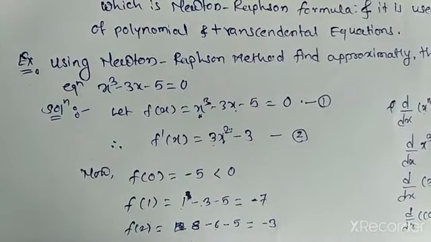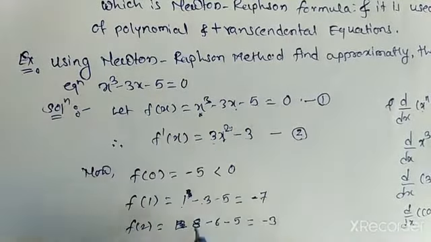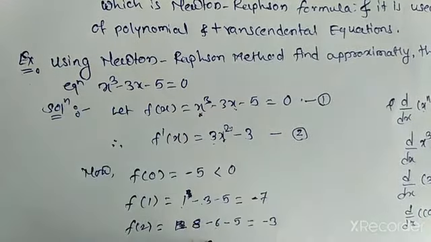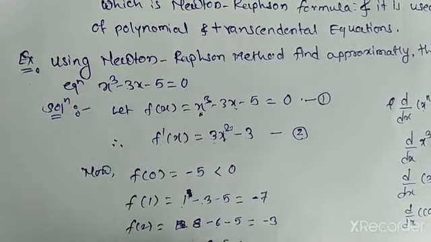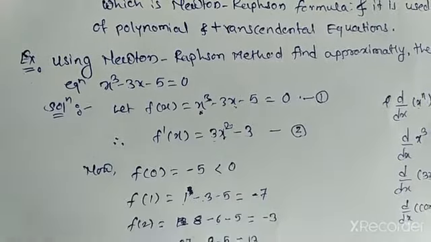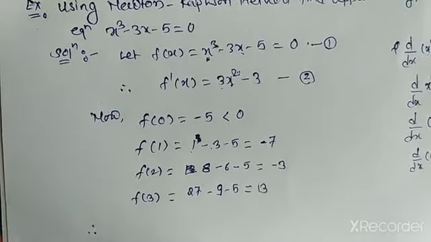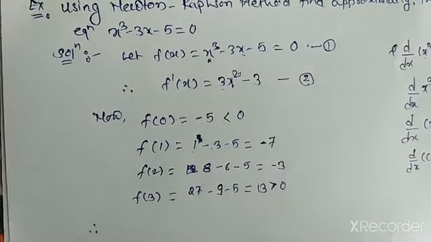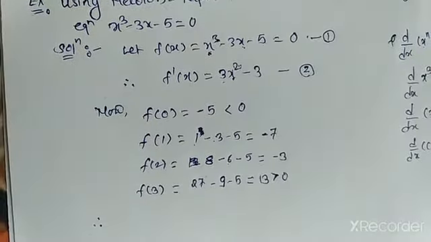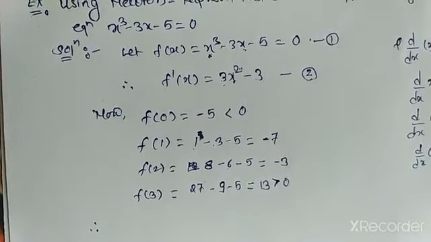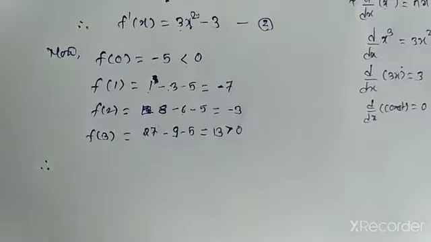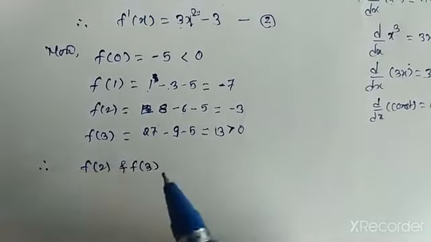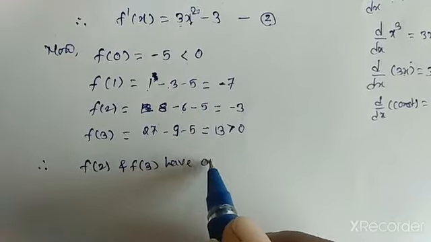And for f of 3 it will be 27 minus 3 3s are 9 minus 5, which is equal to 13. So you may write here it is greater than 0. Therefore f of 2 and f of 3 have opposite signs.